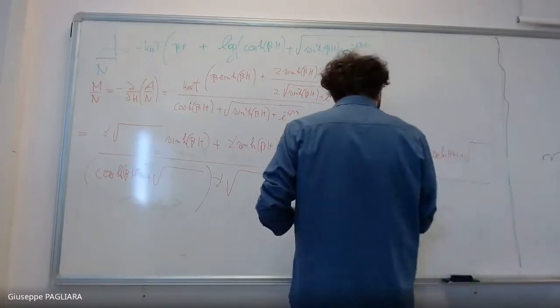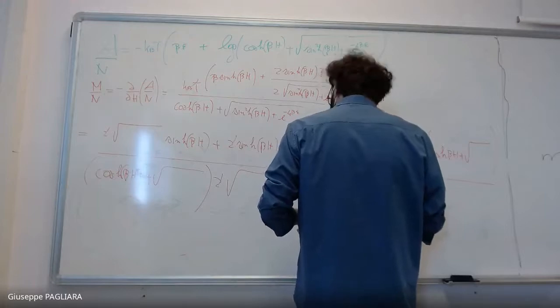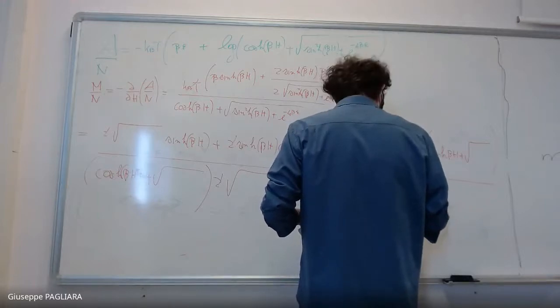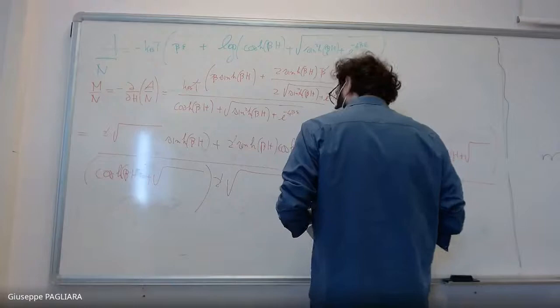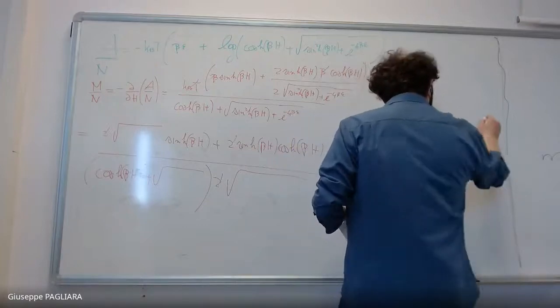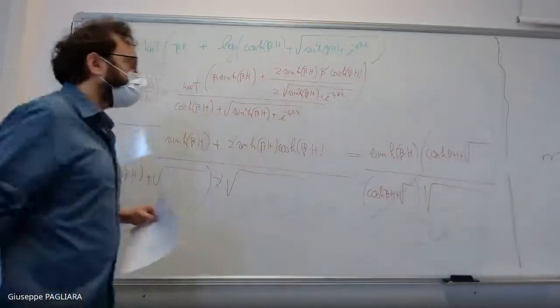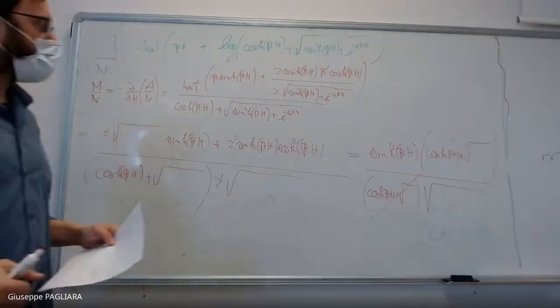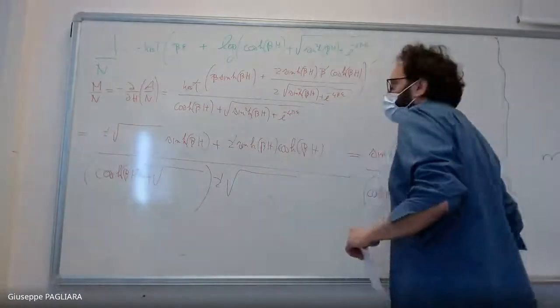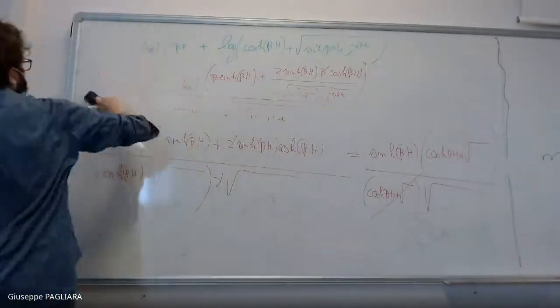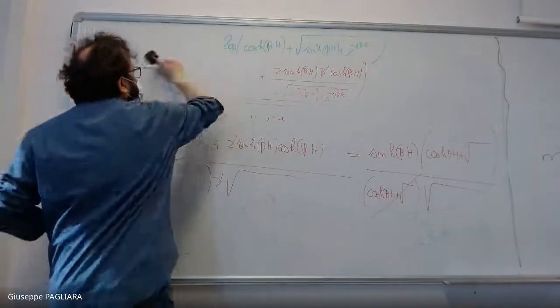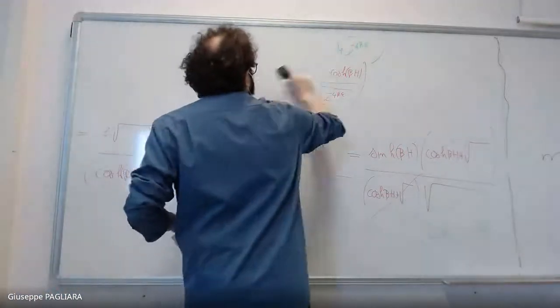And then this term drops. Then finally, I have this expression for the magnetization per particle, which is the following.